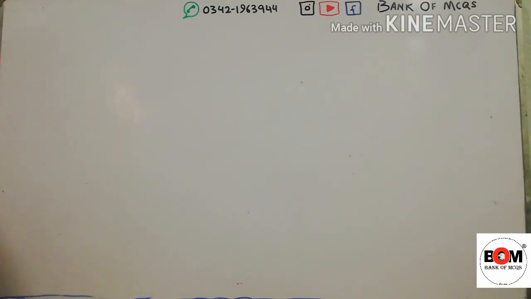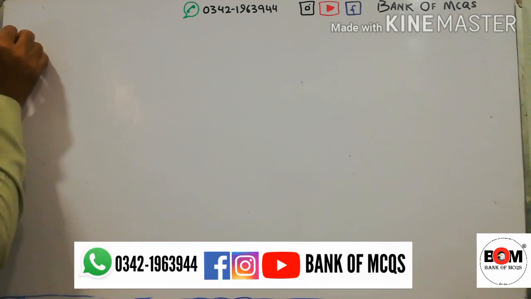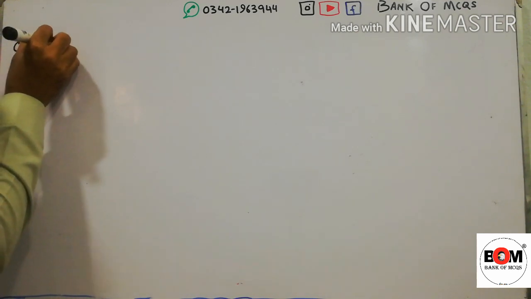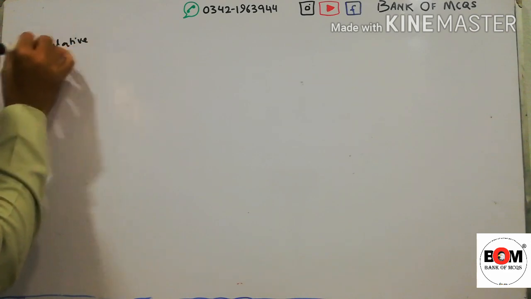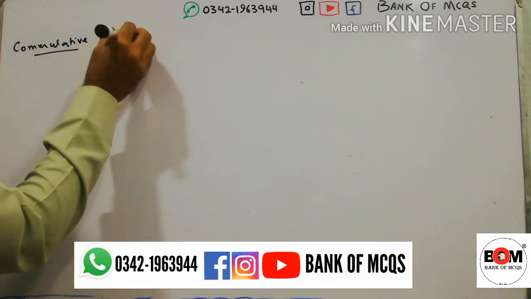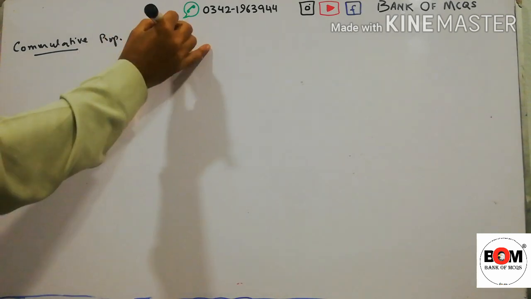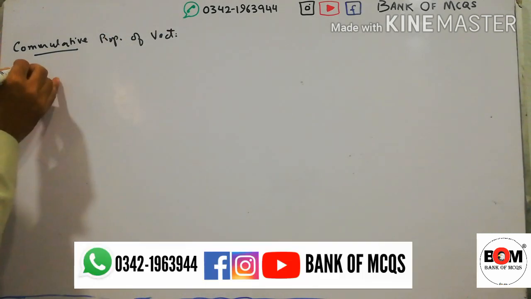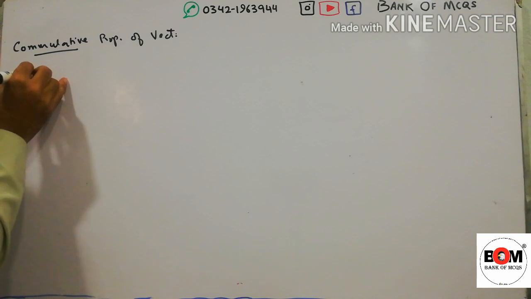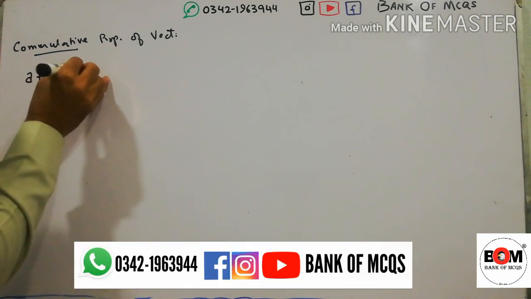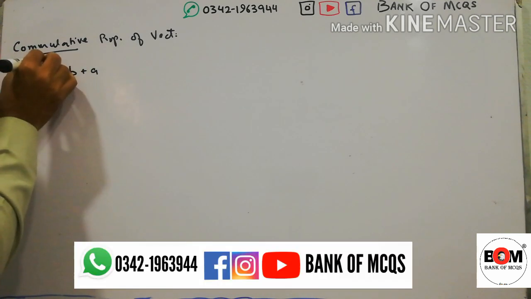Commutative property of vectors. Now what does the commutative property state? It means that we have vectors a plus b, so a plus b is equal to b plus a.